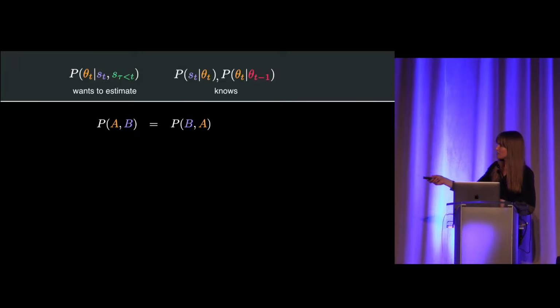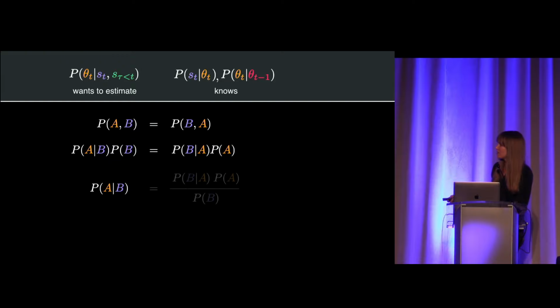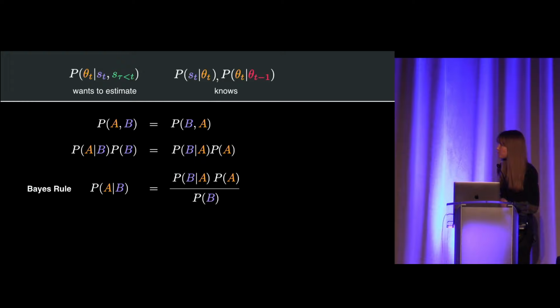So we can write P of A and B as P of A given B times P of B. And we can similarly write everything on the right-hand side as P of B given A times P of A. Now, if we divide both sides through by the probability of B, then we get this expression for P of A given B. And this is Bayes' rule. This just follows from the laws of probability.